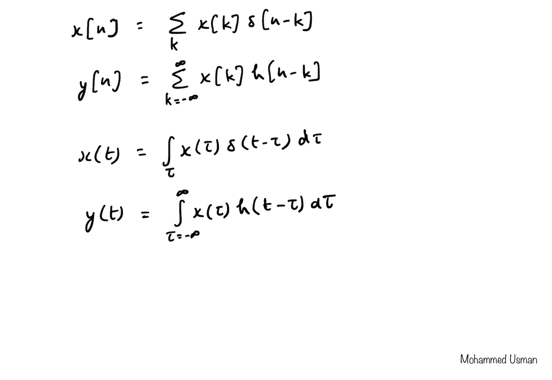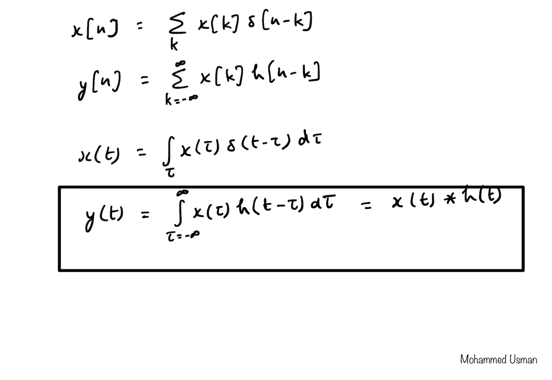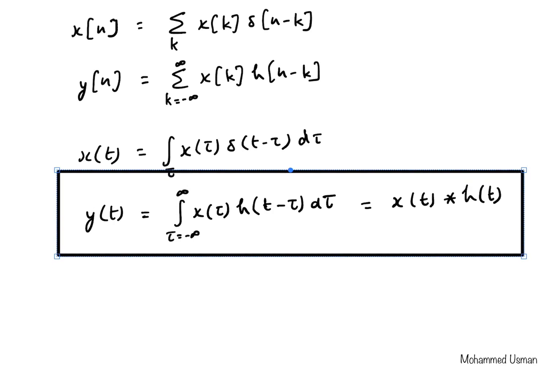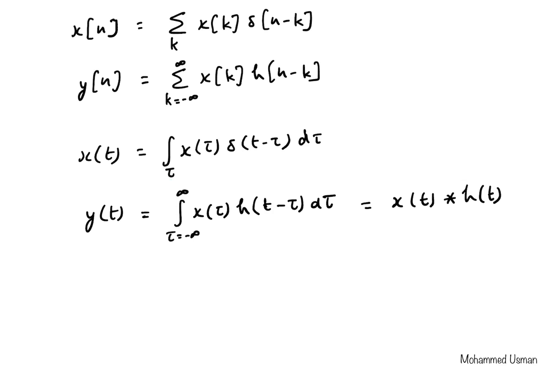So therefore we can represent the output of the system to any arbitrary input x of n as the convolution sum or the convolution integral, depending on whether it's a discrete time system or a continuous time system. Okay, so we have now the equation for the convolution, that is basically x of t convolved with h of t, and let me put that in a square here, because that's an important relationship, that's an important representation.